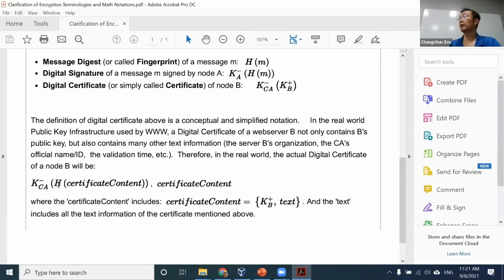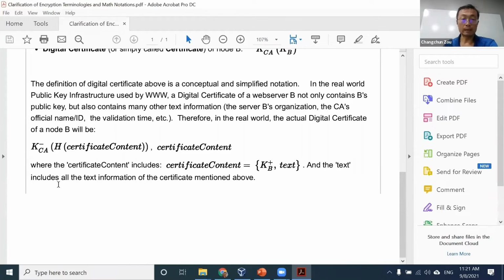The digital signature is basically generated by the certificate authority. The certificate authority signs this. So that is the actual digital certificate for a website. Note that the encryption is on the hash value. So that's why in this certificate content, you also need to specify which hash algorithm you used for this digital certificate.